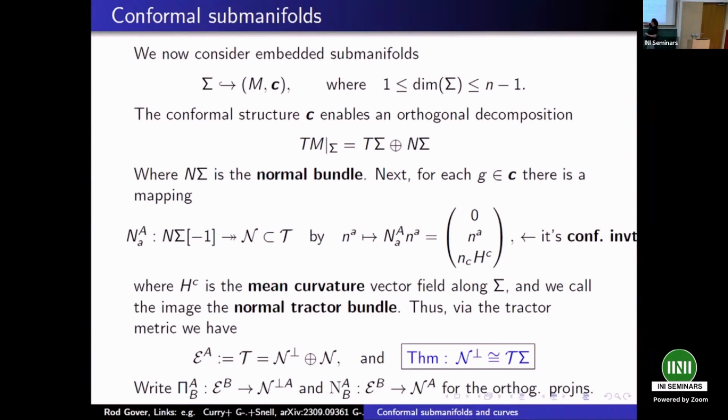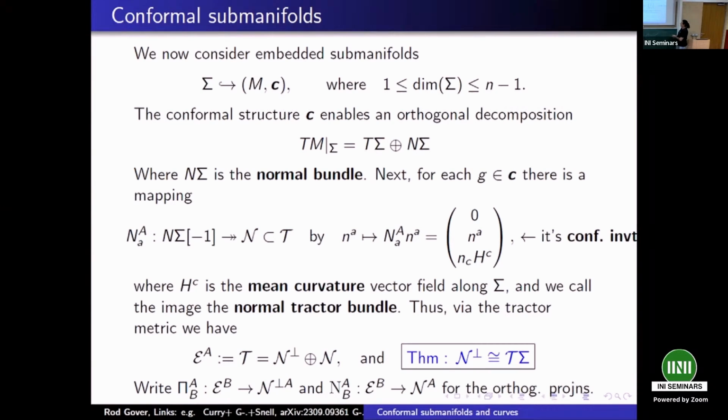So we have a sub-bundle of the tractor bundle, but remember, we also have a tractor metric. And so you can orthogonally decompose into that sub-bundle plus what's left, the N perp.